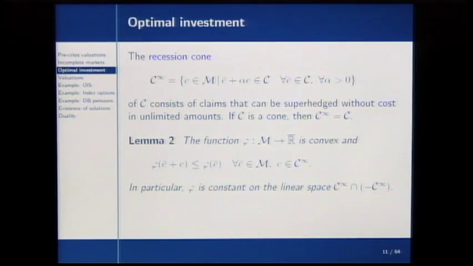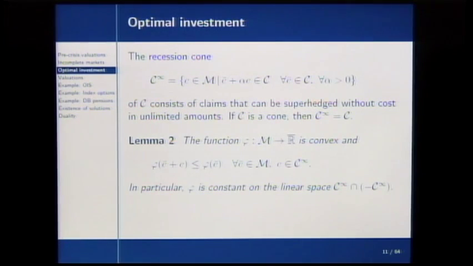And this lemma here essentially gives all the properties we need of the value function when it comes to pricing. Like I said earlier, this function, as a function of the liabilities on the space M of adapted sequences of payments, is a convex function, and it's non-increasing in the direction of the recession cone.